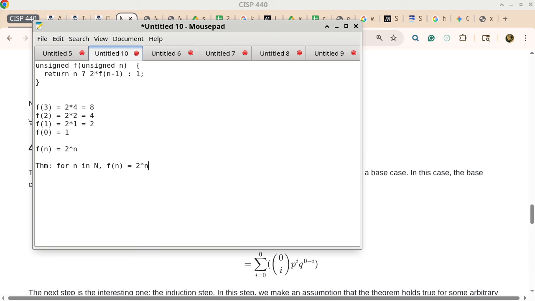That is my theorem. Are we good so far? I'm not using the mathematical symbol. The "in" is kind of the little e symbol. This N is supposed to be funny looking because it's the set of all natural numbers. But other than that, this captures what I want to express. Are we good so far?